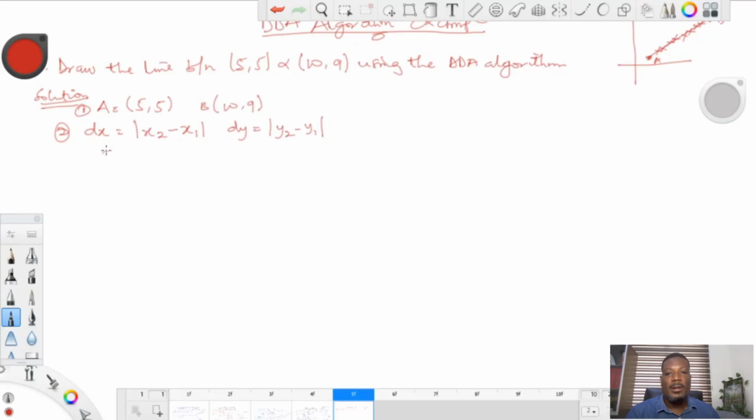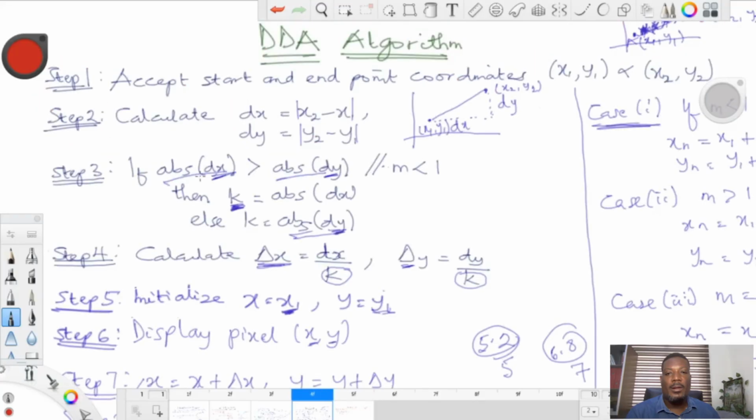Putting in the values, we have dx equal to the magnitude of 10 minus x1, which is 5. So 10 minus this will eventually give us 5. Again, dy will also be equal to the magnitude of y2, which is 9, minus 5, which will give us 4.